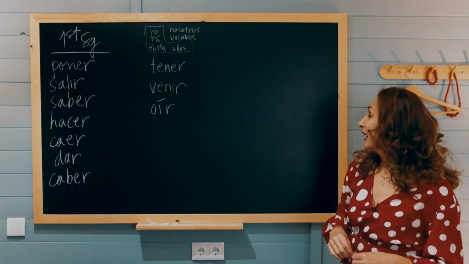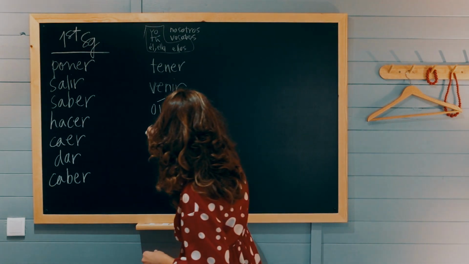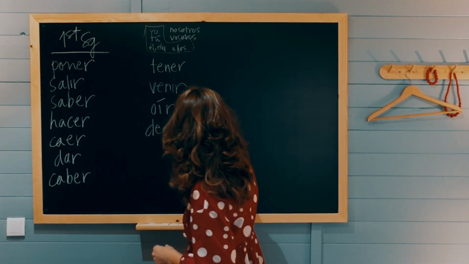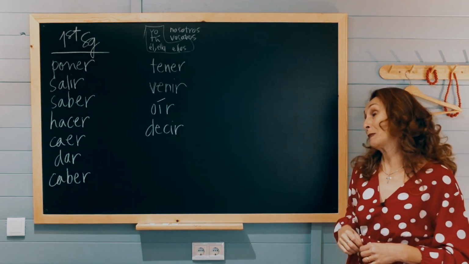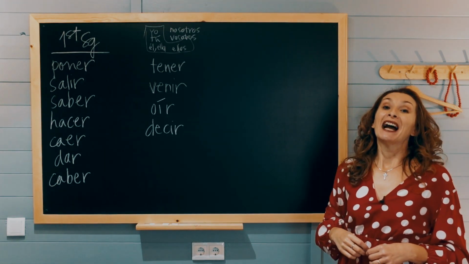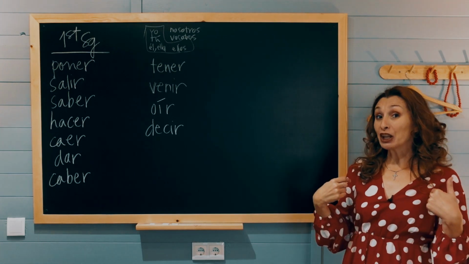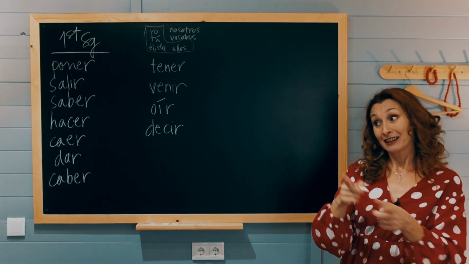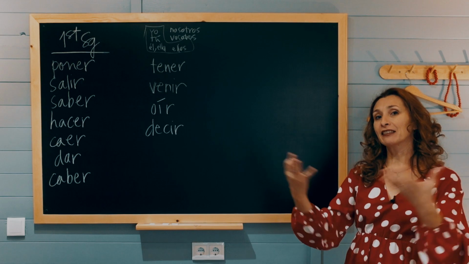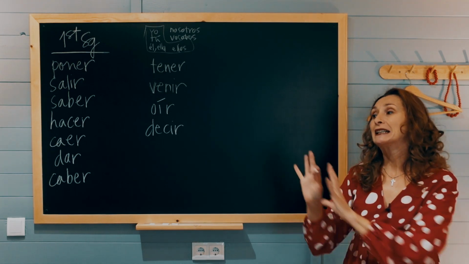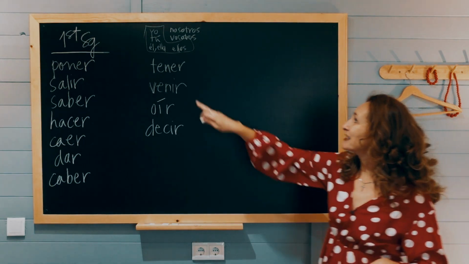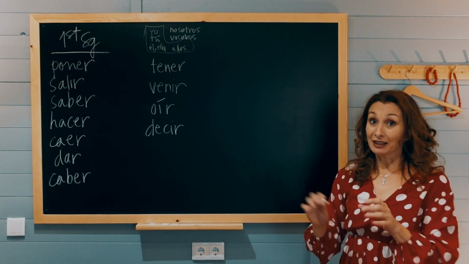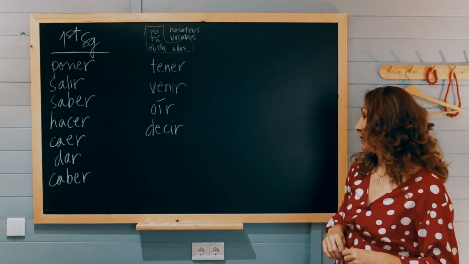And the last one here is decir, to say something or speak up. Decir is digo, dices, dice, decimos, decís, dicen. Again, the irregularities inside the boot are different depending on the person.